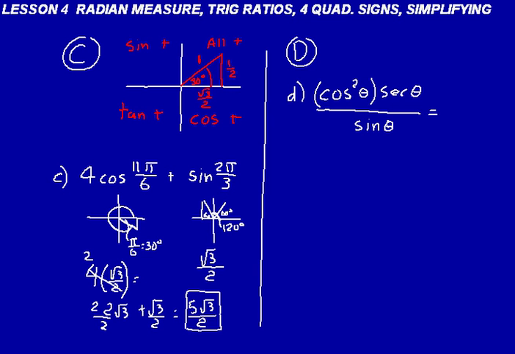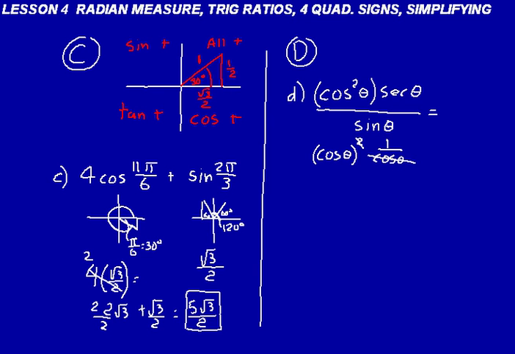Cosine squared theta, think about that. It's just notation. It's saying cosine of theta twice, or cosine theta squared. Secant theta is 1 over cosine, right? And so that means that one of these cosines will cancel. I can just remove that squared symbol, cancel that cosine, because we're saying cosine times cosine divided by cosine.